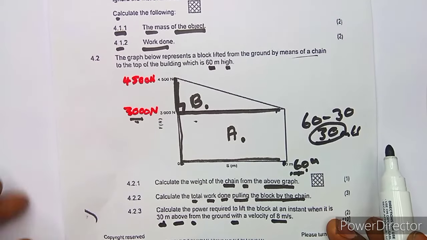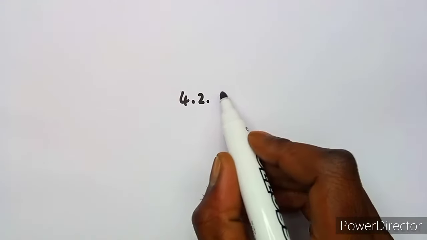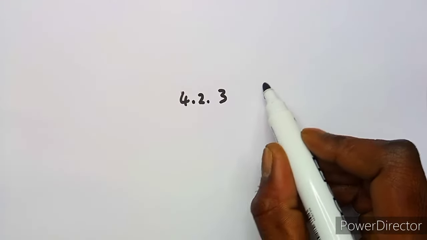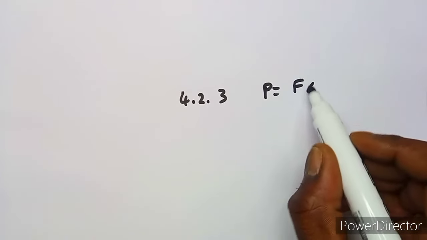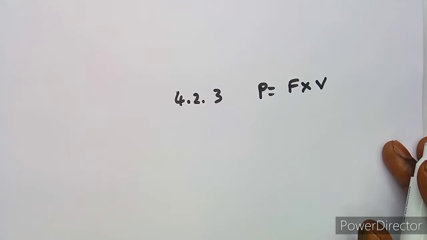Why am I talking about this? Because remember that power is equivalent to force times what? The force times the velocity. That is our power, which is equivalent to force times the velocity. But now, the force that we are going to have, we need the total force.